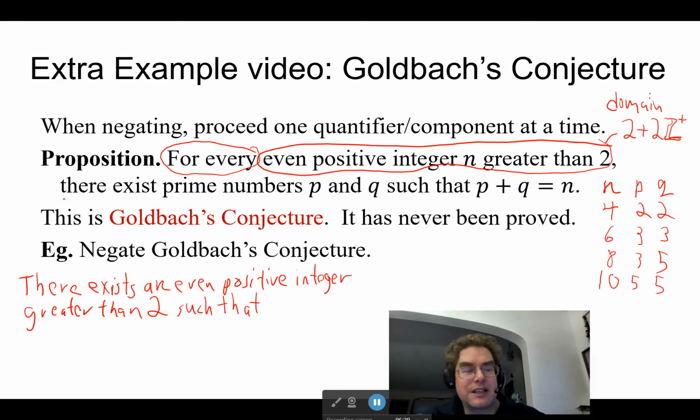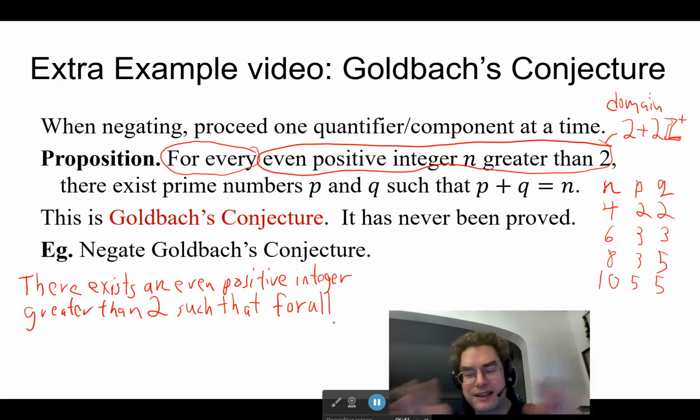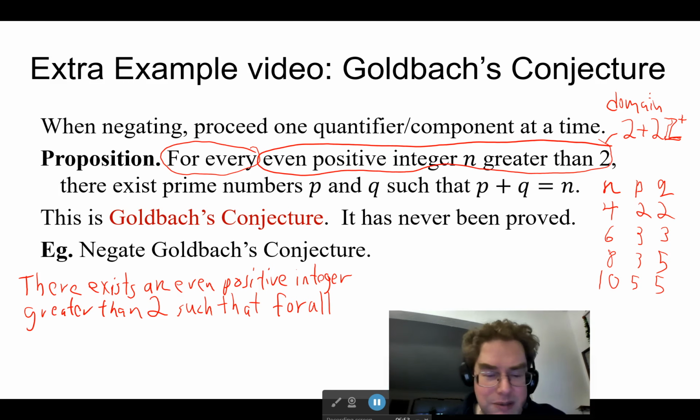Okay, next up we see there exist prime numbers p and q. Okay, so there exists is going to change to for all. Okay, and we kind of condense things a little bit in the natural language here. Really, we are switching 2 quantifiers here. There are 2 there exist quantifiers. Both p and q are existentially quantified originally, so now they're both going to become universally quantified.